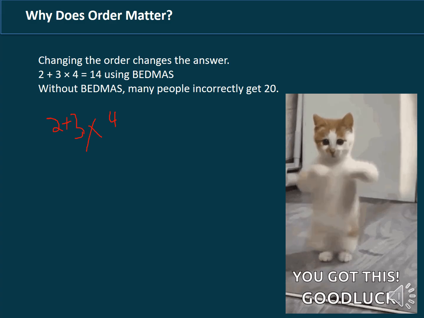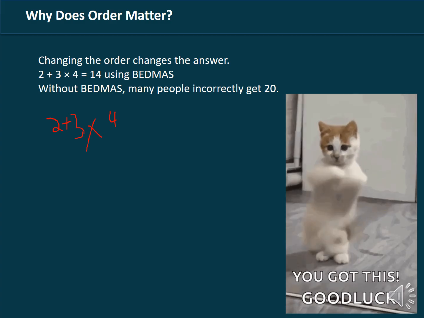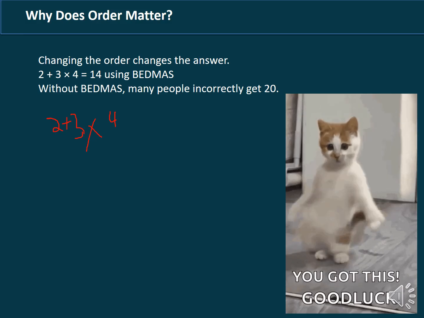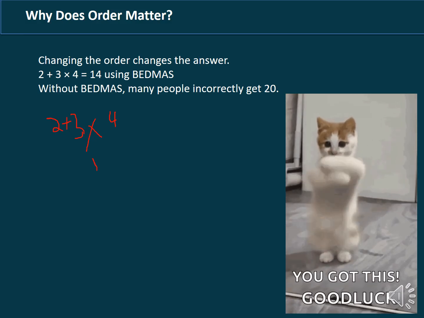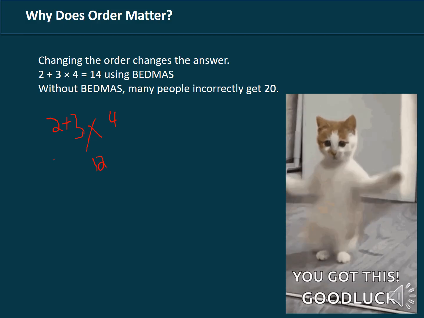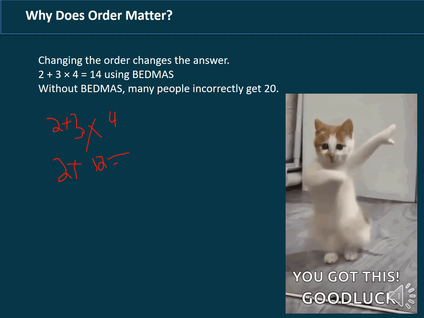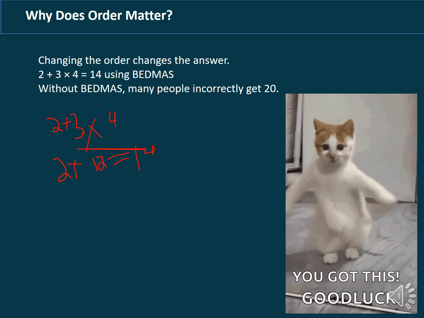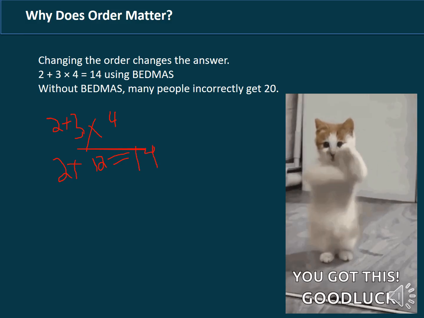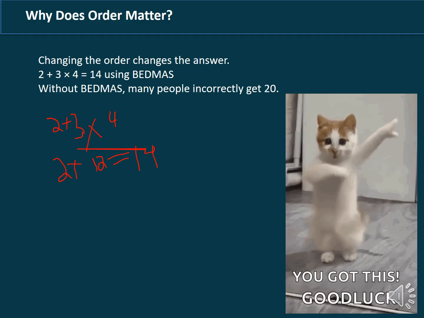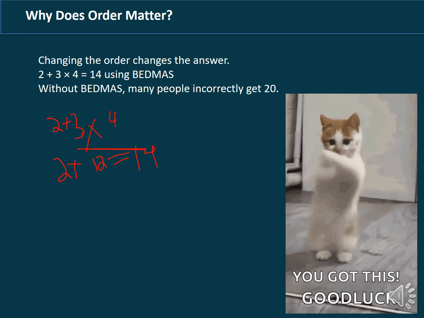But when we did BEDMAS and we showed you the order, multiplication comes before that. So we have to do 3 times 4 first, which equals 12. And then we plus that by 2, which equals to 14. But many people might go 2 plus 3, 5, then 5 times 4, which is incorrect and completely wrong.